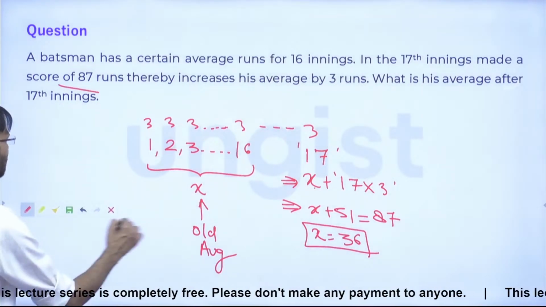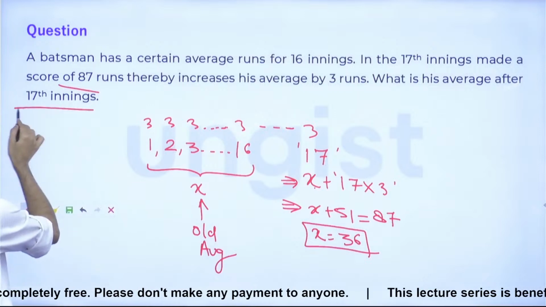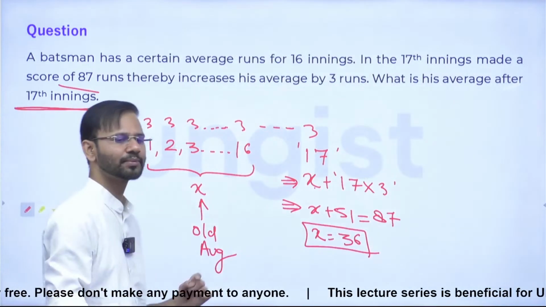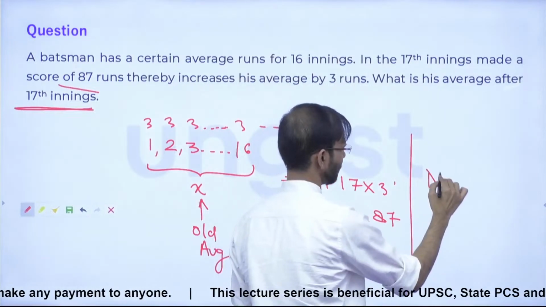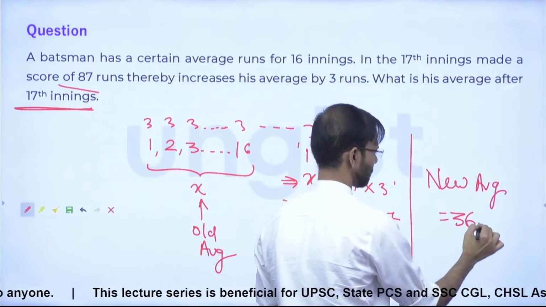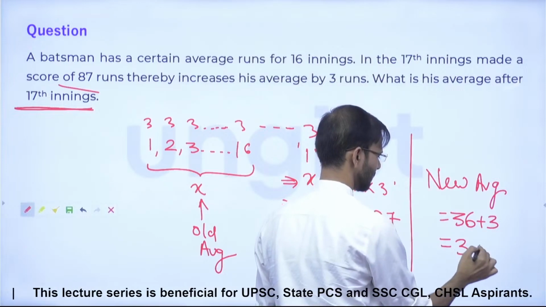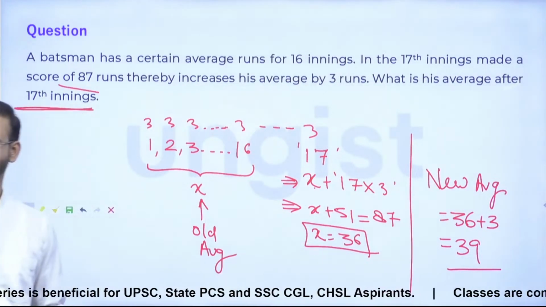Okay. So this is the old average. What is the question? What is the average after 17th innings? It means the question is asking about the new average, right? So the new average would be 36 plus 3, which is 39. Everyone is clear now? Okay?